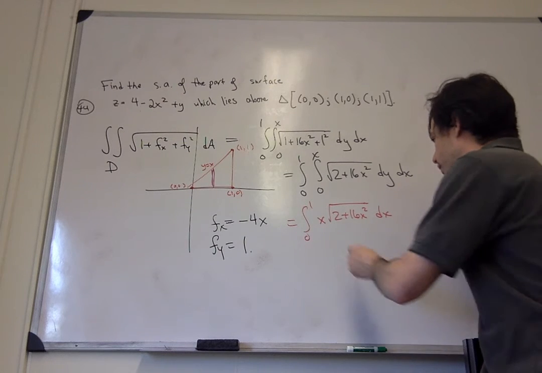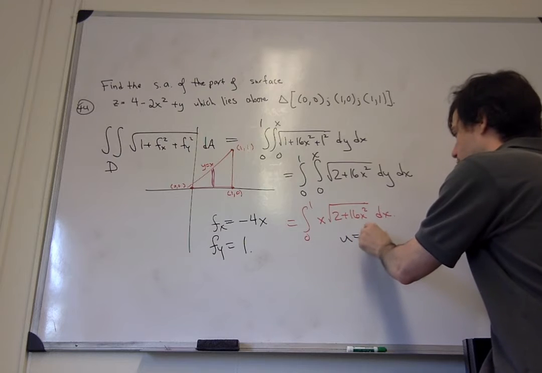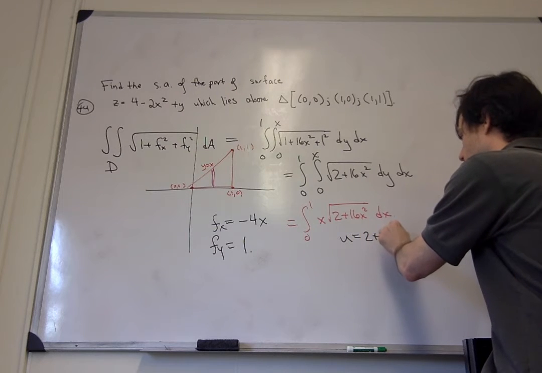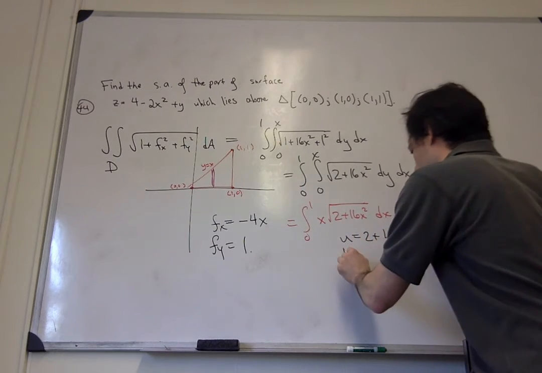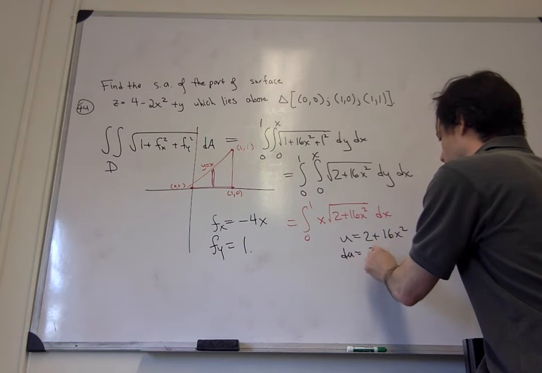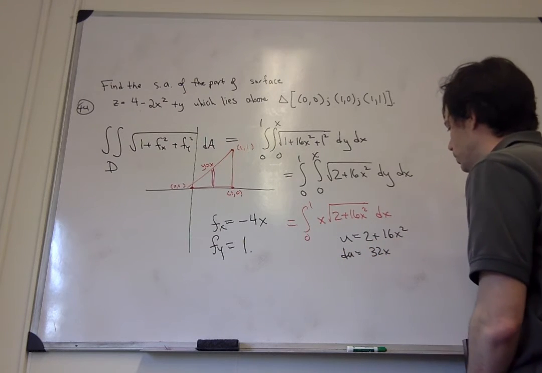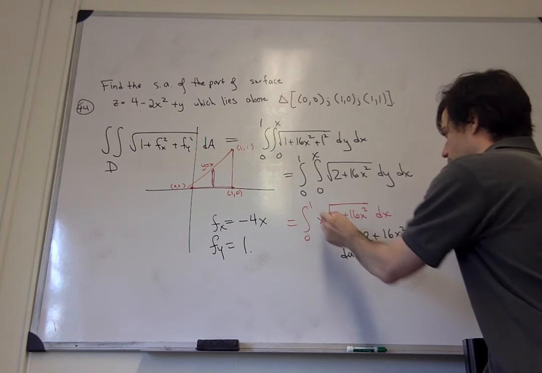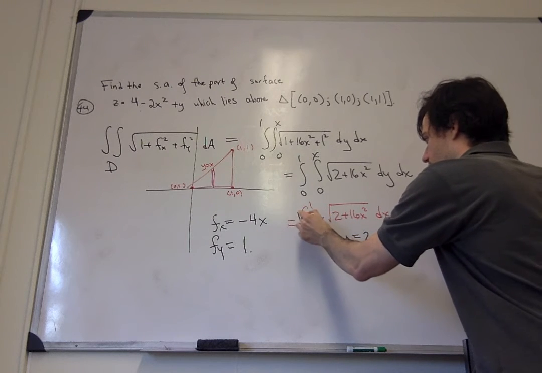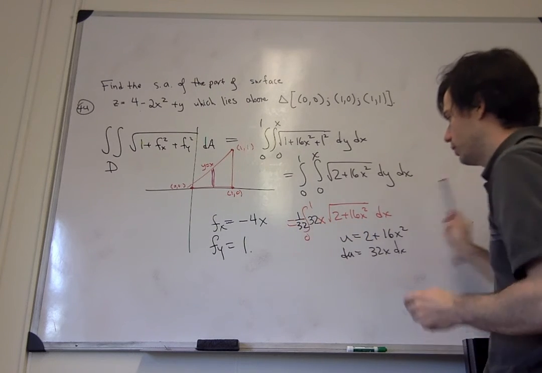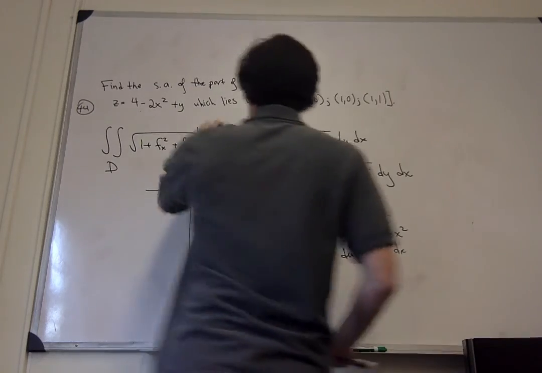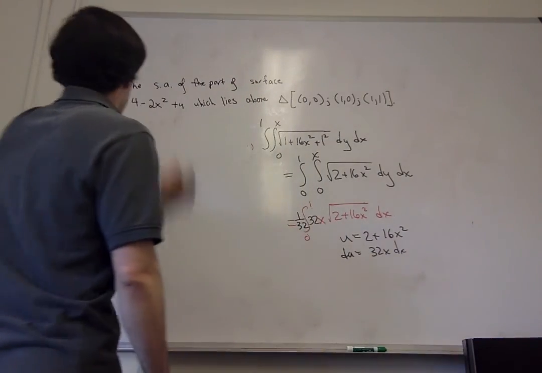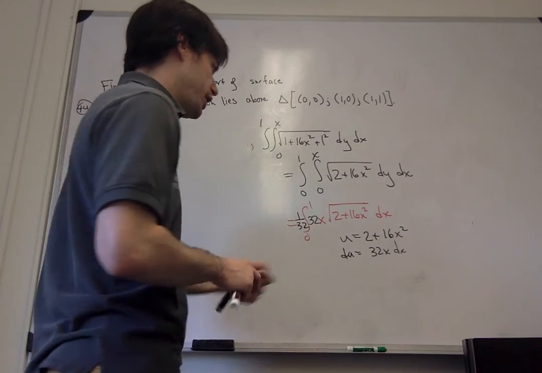Then I need a u substitution. I let u equal 2 plus 16x squared, so that du equals 32x dx. If I multiply like this, this allows me to carry the calculation out.